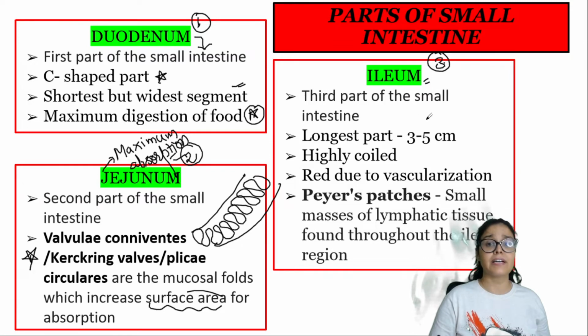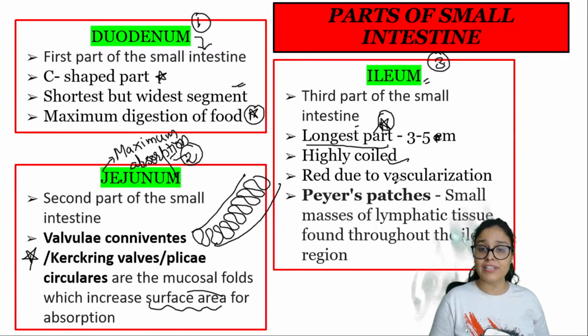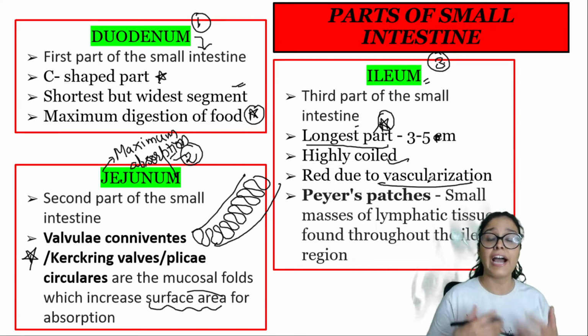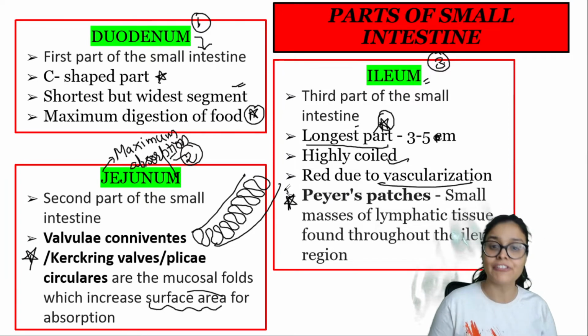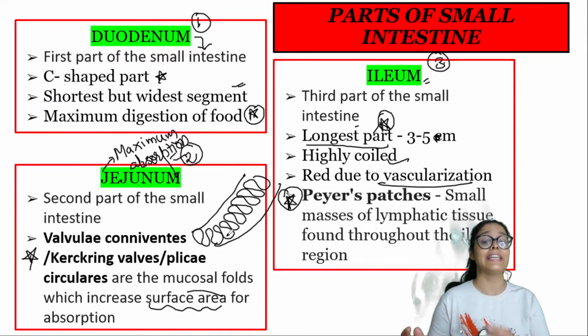Now ileum is the third part of the small intestine and it's the longest part, NEET question. 3 to 5 meters overall is its length, not centimeter, it will be in meters. Highly coiled, and obviously it is red due to high blood supply there, and it has a characteristic feature, means it is only present in ileum.